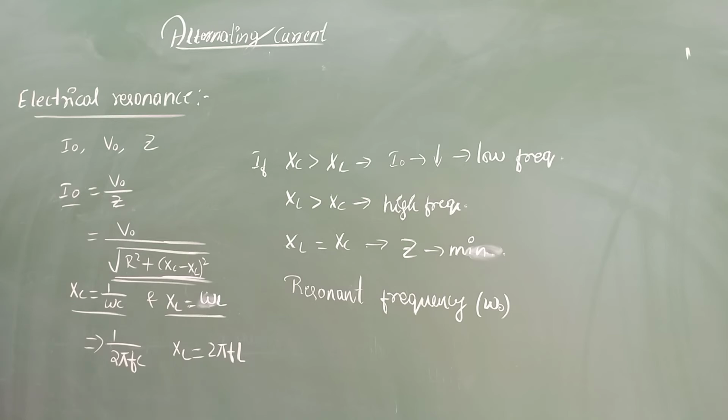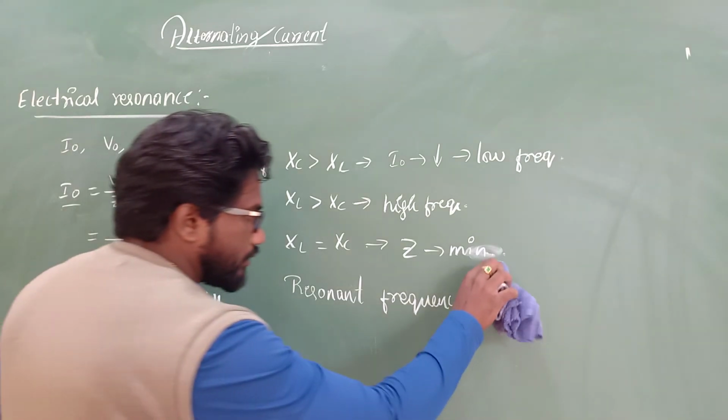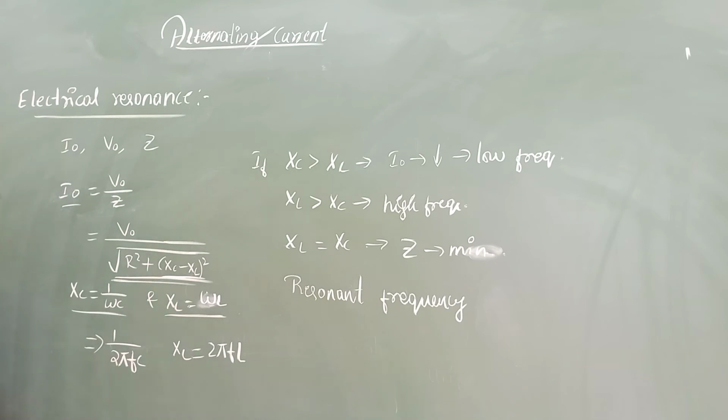You can't take it as resonant frequency in general. Omega is nothing but the angular frequency value. If at a certain point the value of XC is equal to XL, then impedance will become very less, or we can say impedance will have minimum value and current will have, if here it is minimum, then definitely that is maximum, the reciprocal of that, right?